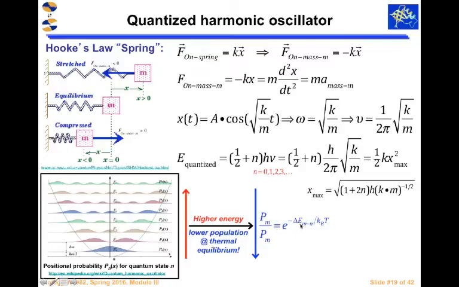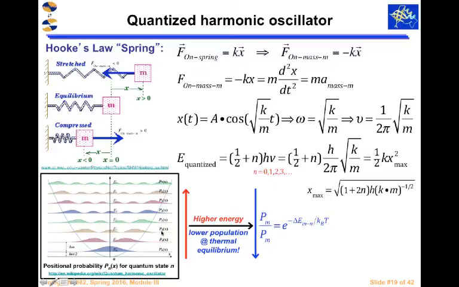They will go down exactly in proportion. The relative population in each state will be equal to e, Euler's number, to the negative energy difference divided by kBT. If the energy difference is positive, e to the negative energy difference over kBT is a value less than 1. The relative population of higher energy states scales essentially inverse exponentially with the energy difference between those states.